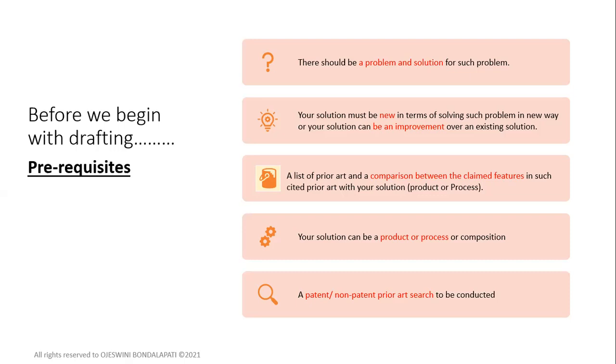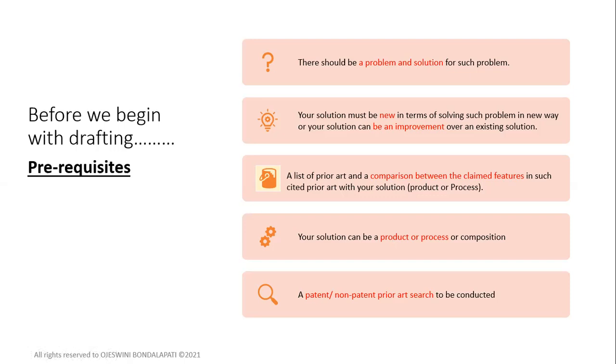All the physical or chemical attributes, all the technical aspects of each component, should be properly explained. Depending upon those components in the prior art, we should do a comparison between the claimed technical aspects, which include the components or the different steps of the process. And always the solution should be in the form of a product or a process, or a composition in the case of pharmaceuticals.